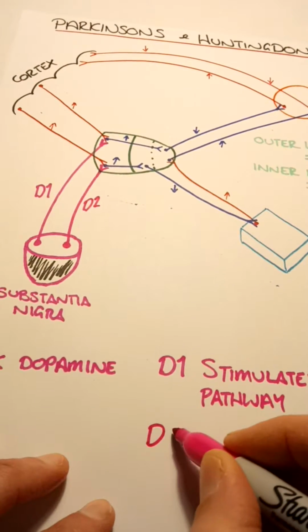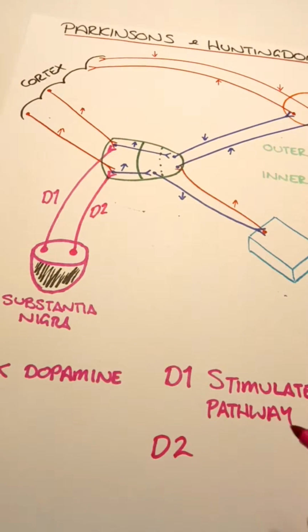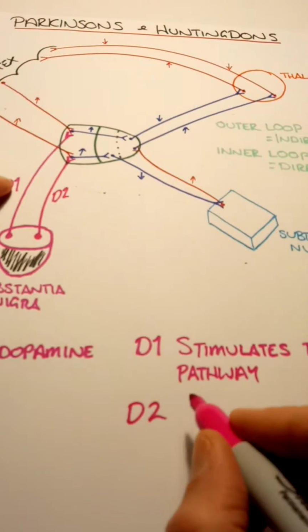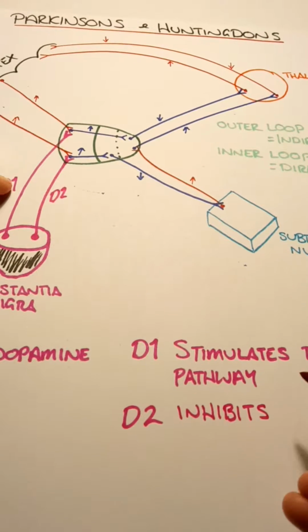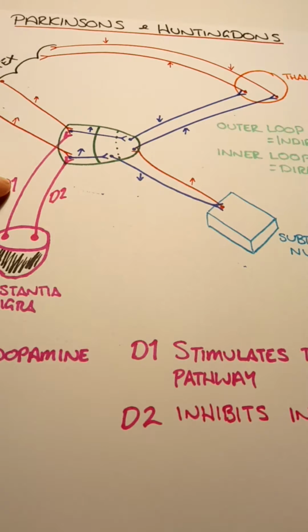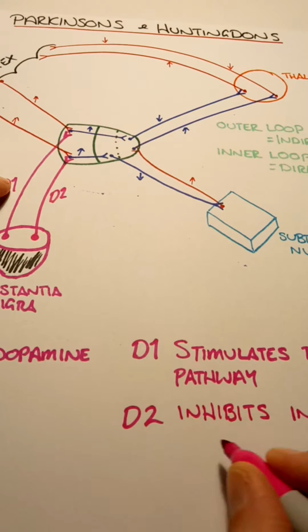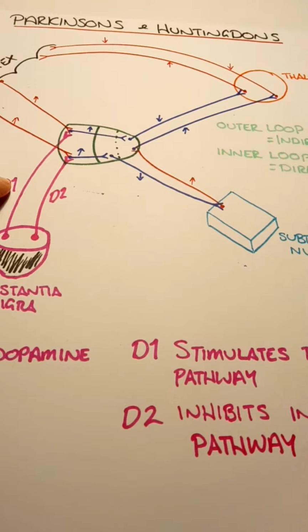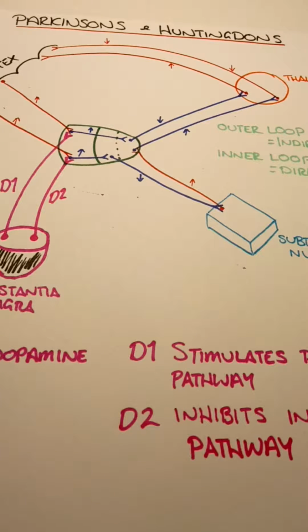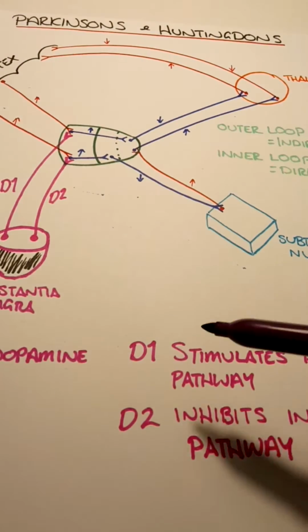So D2 inhibits the indirect pathway. Okay, so let's find another colour. These will both facilitate more movement.